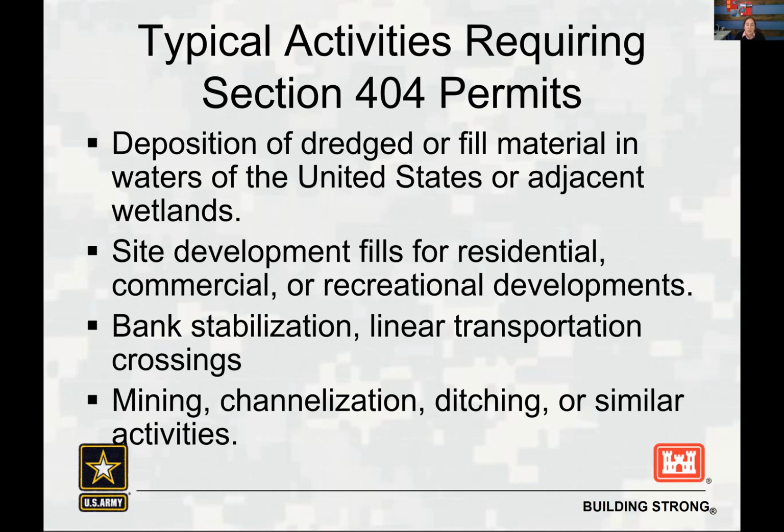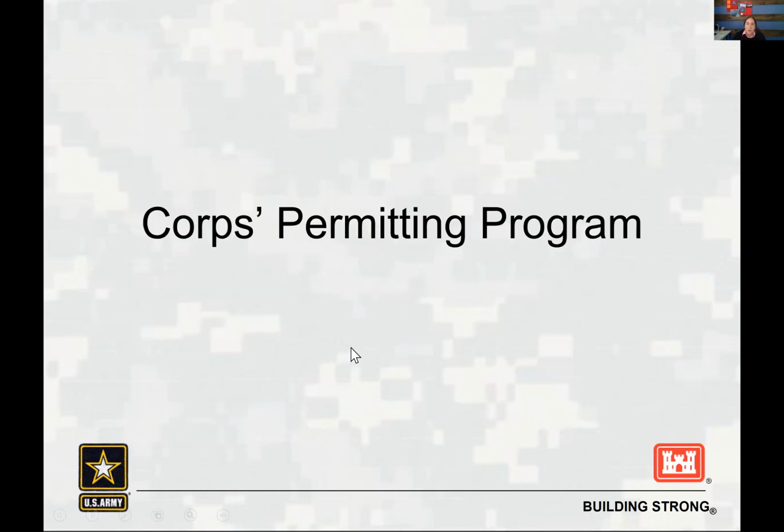So we basically see all sorts of things, from little things to huge infrastructure projects. Sometimes I get to the office and I get an application for something really tiny, and then at the end of the day, I can be in a meeting for a huge environmental impact statement type project. So it's always very interesting to work for the Corps of Engineers.